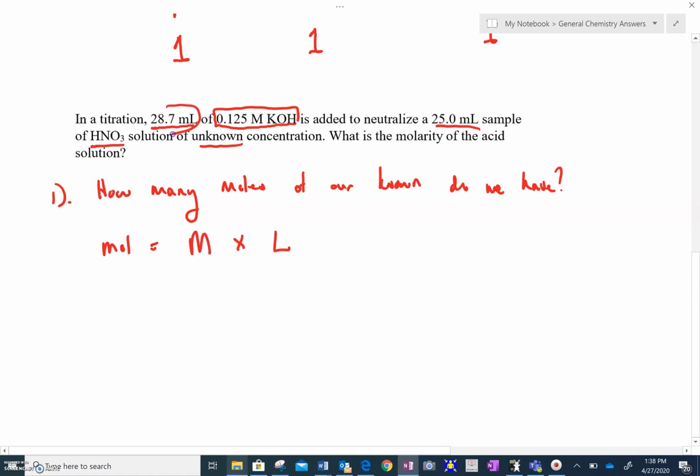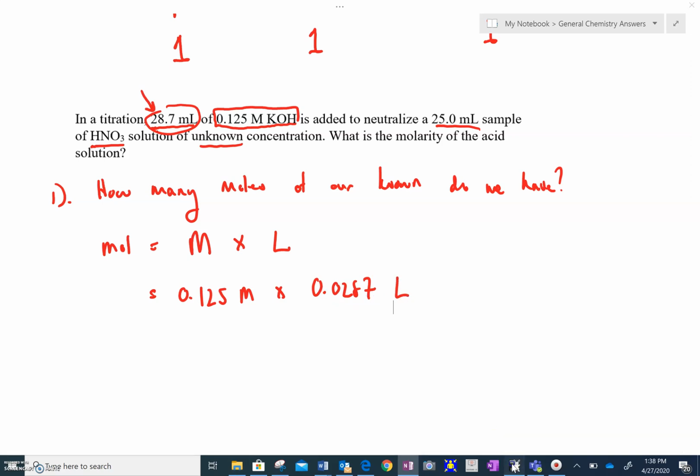And this is in milliliters, but you're just going to move the decimal place back 3 or divide by 1,000. So if we know the concentration of our known is 0.125 molar, and we also know the volume of our known is 28.7 milliliters, I'm going to divide that by 1,000 to get that into liters.